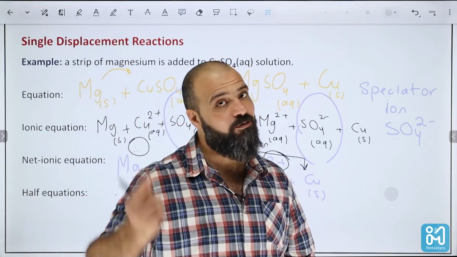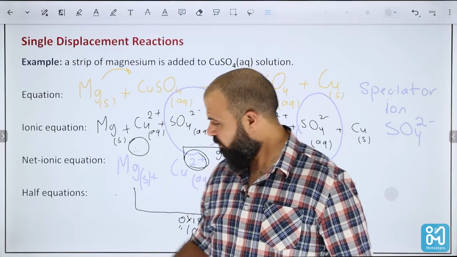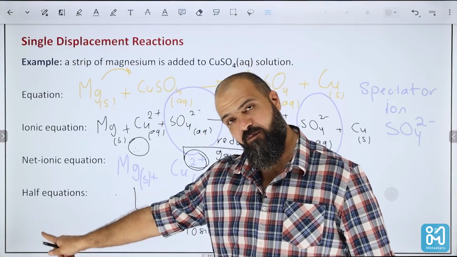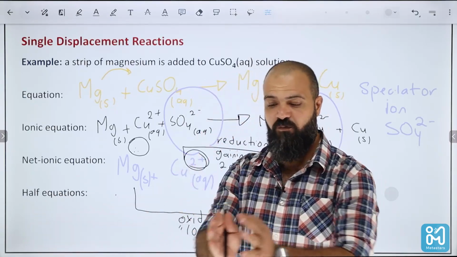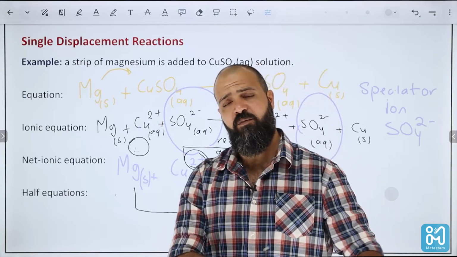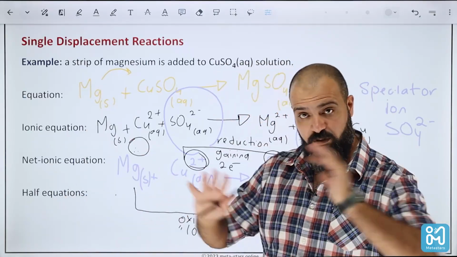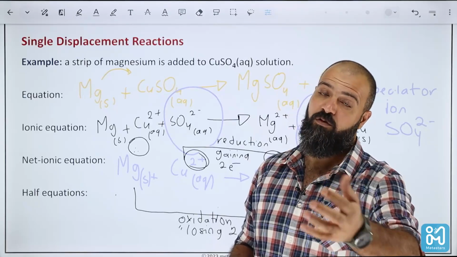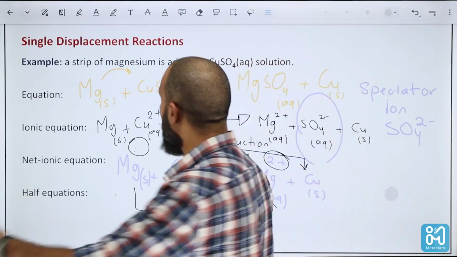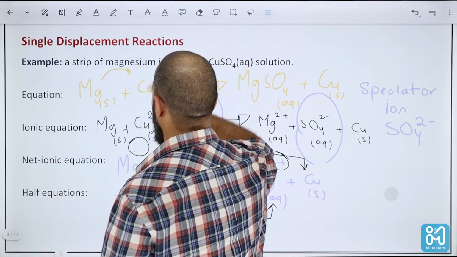That's it. No, it's not it. We still need to write half equations, the oxidation half by itself, the reduction half by itself. I'm going to clean the board, write the net ionic equation by itself, and then teach you how to write half equations.